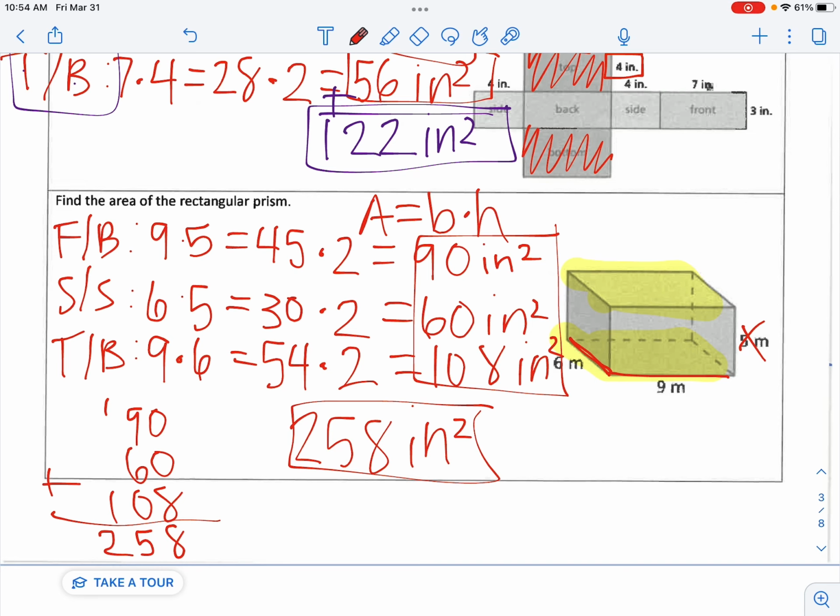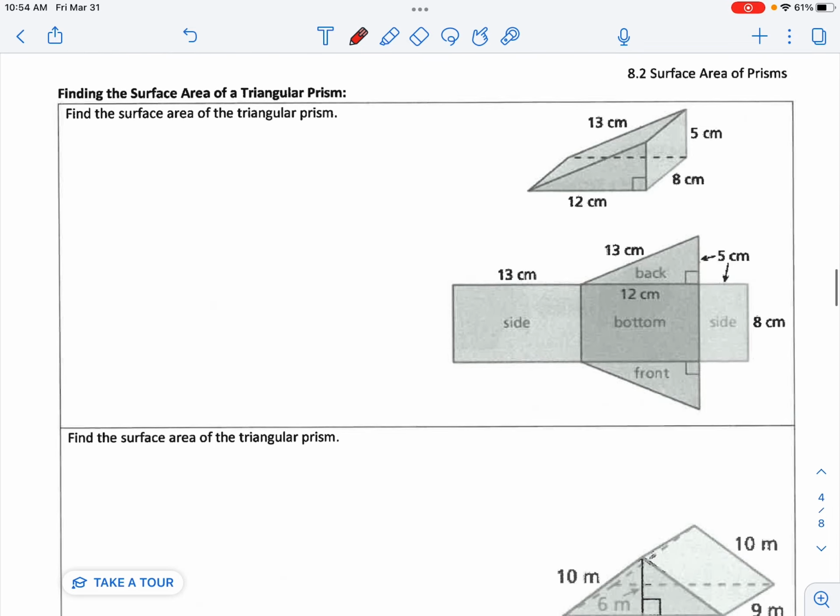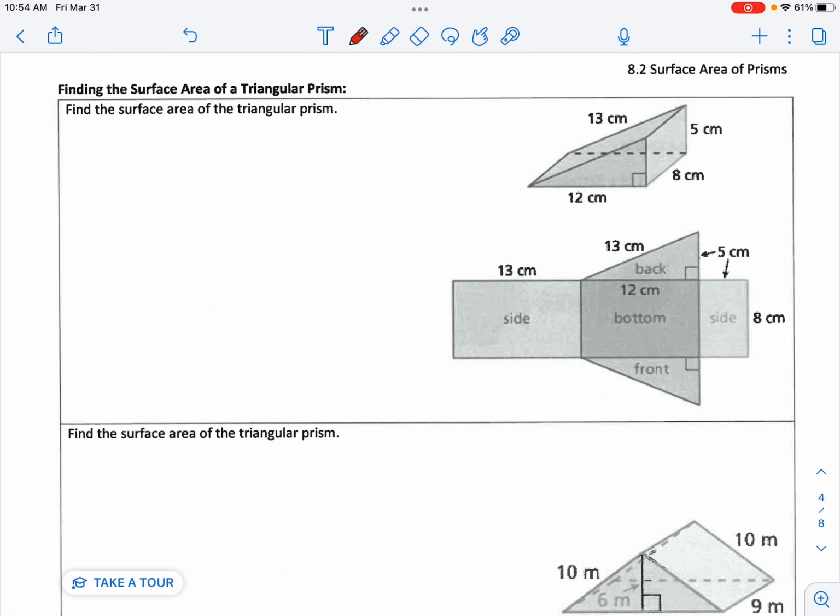All right. On the next page, okay, we're doing the same thing, except now, instead of a rectangular prism, we have triangular prisms. Okay, so you can see over on the right, we have our triangular prism right here, and then we have our net, just like we did on the other side. Okay, you'll notice it's triangular, so there's still 3 rectangles, but there's 2 triangles as well.